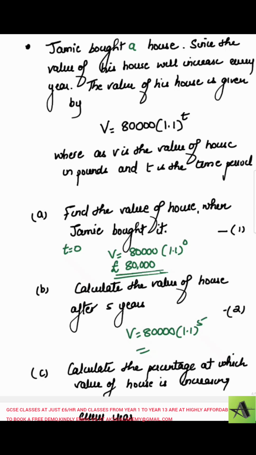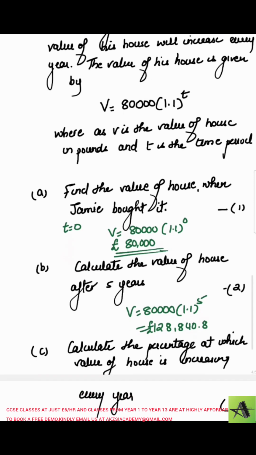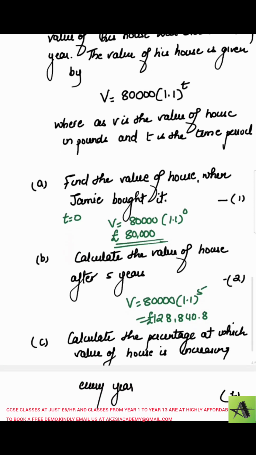When I put this in the calculator, I'll get the answer as £128,040.8. So that will be the value of the house after 5 years, because it's increasing. You can clearly see it's increasing tremendously. And that's it. In the next question, calculate the percentage at which the value of the house is increasing every year.